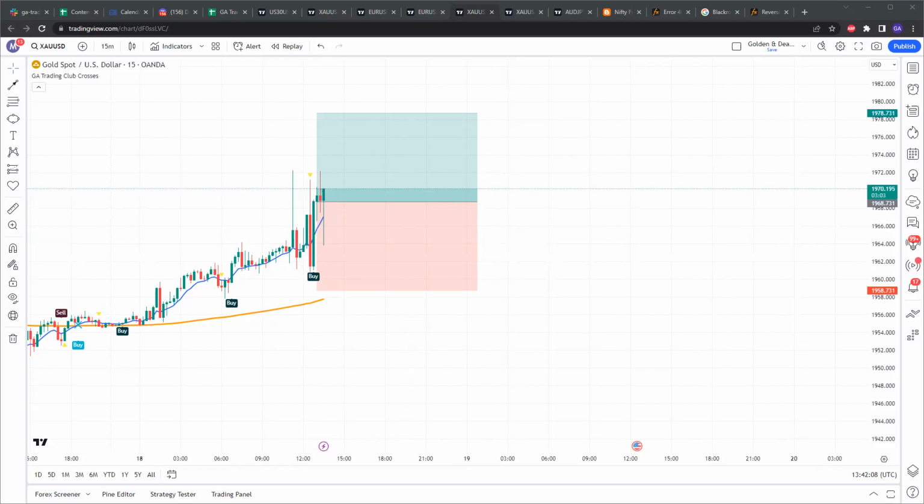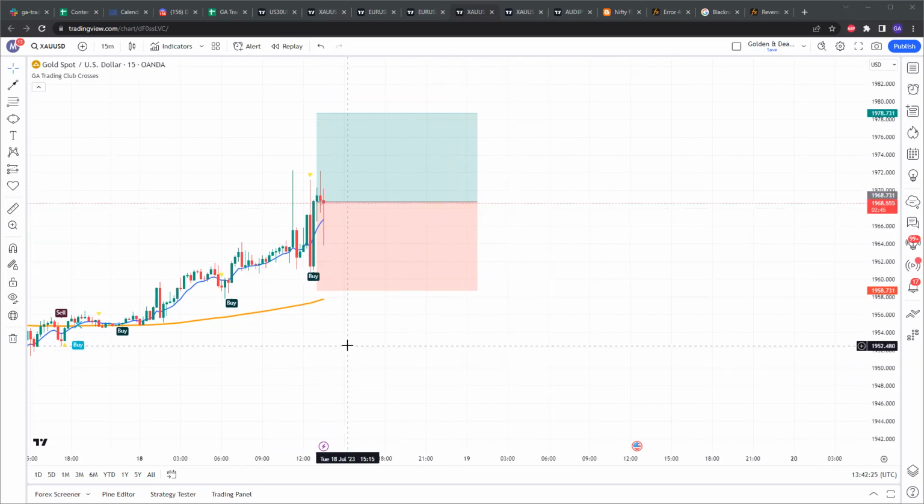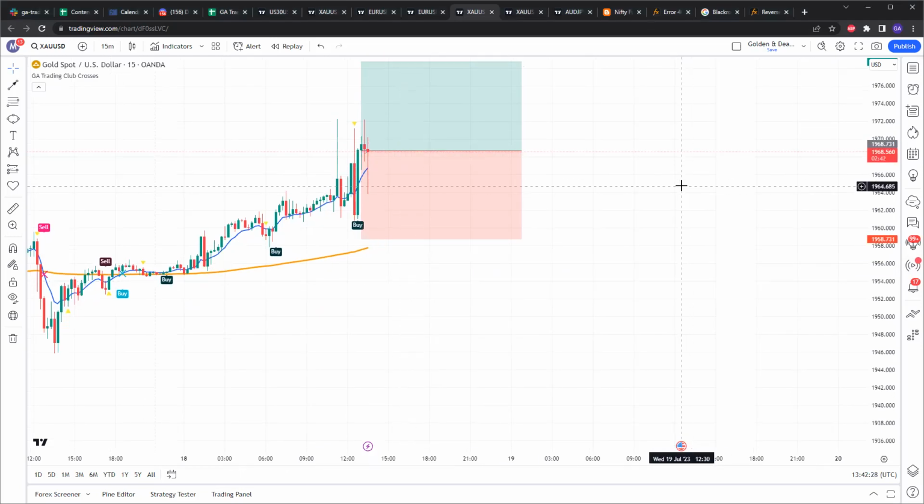I'll just set up my trade copier. If you want a safer stop loss, I mean, 100 pip stop loss is a huge stop loss for gold.